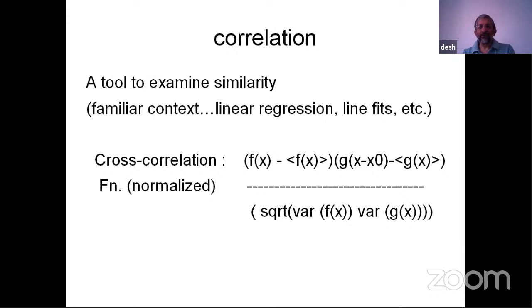And that requires that we remove the undesired contributor potentially, which is the mean value of individual functions. And so you will see that each one of these terms in the numerator is basically a mean removed version of the function.